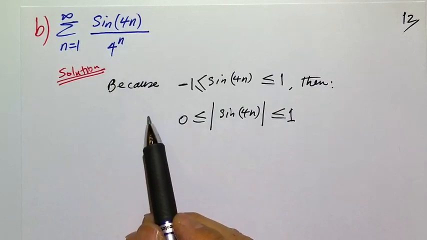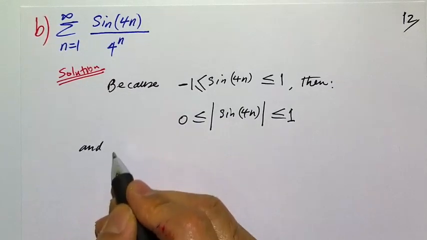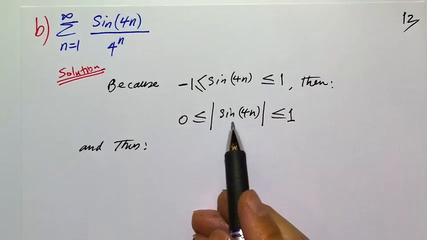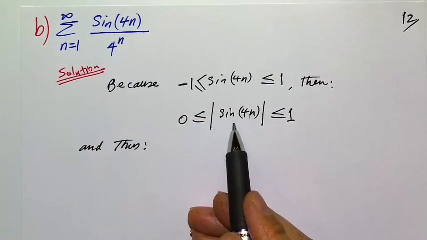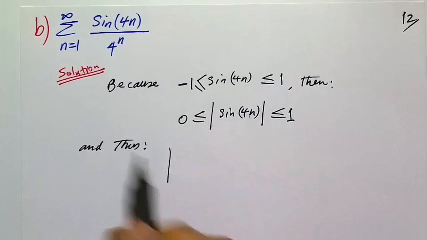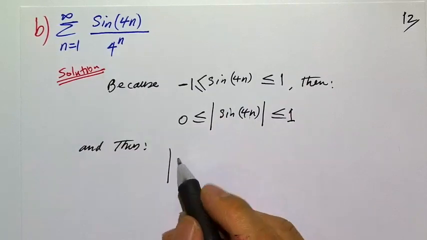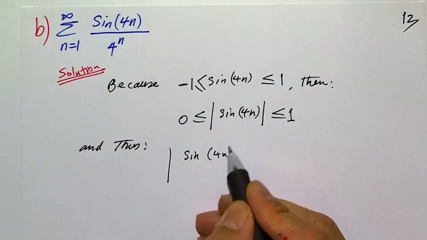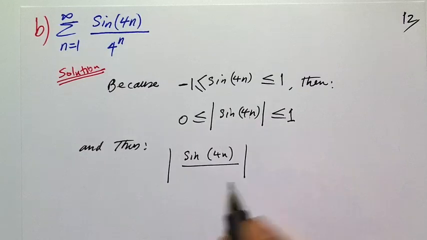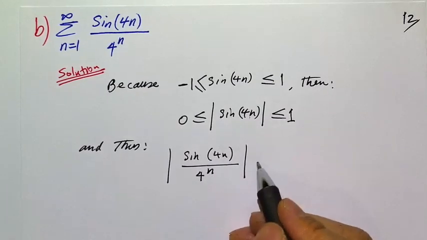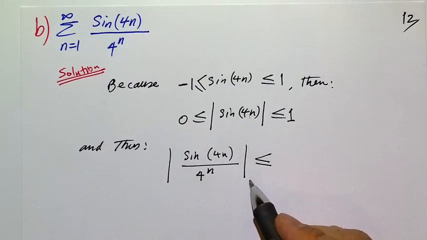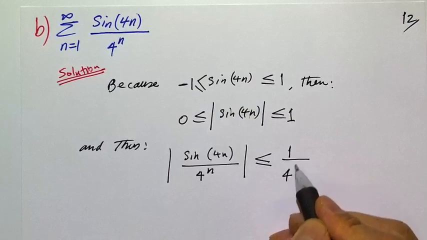So the absolute value of sine of 4n divided by 4 to the n has to be less than or equal to 1 over 4 to the n, right?